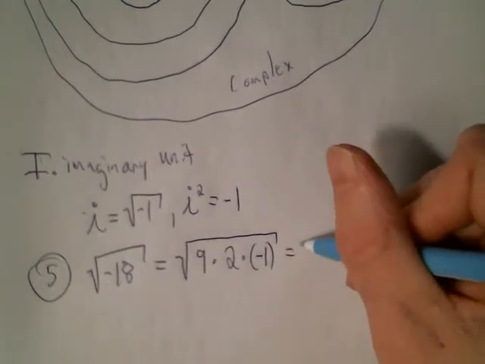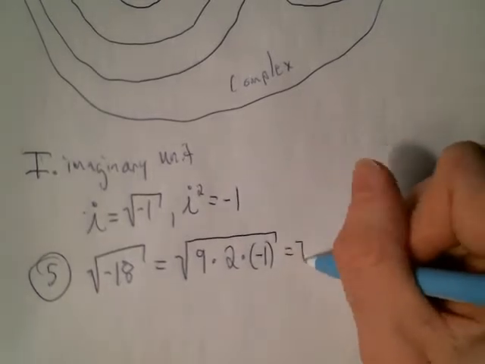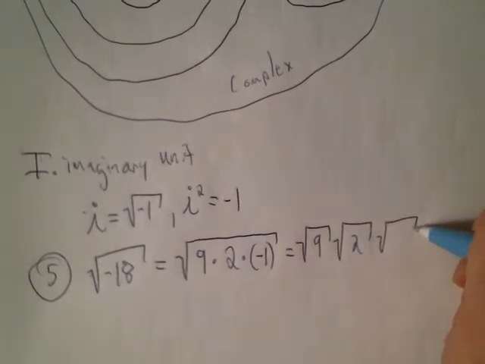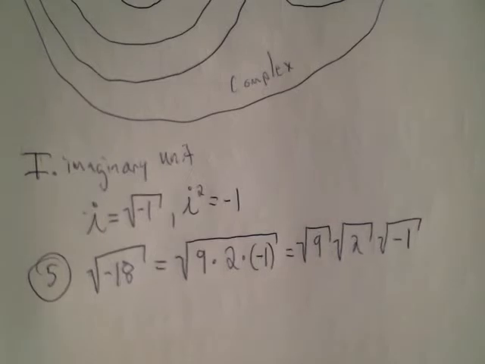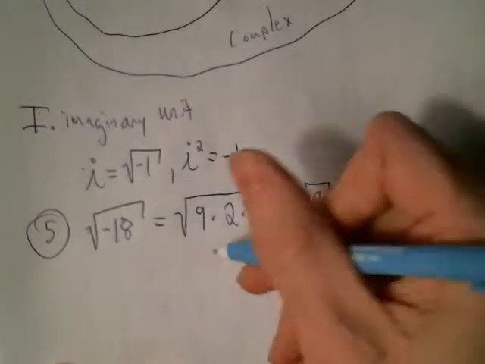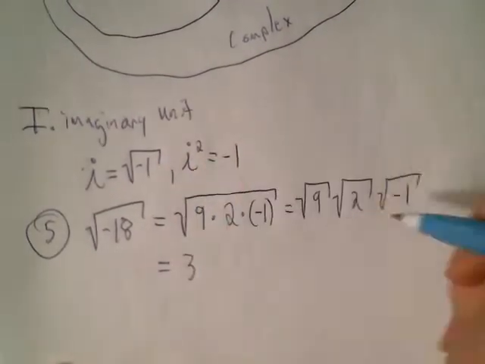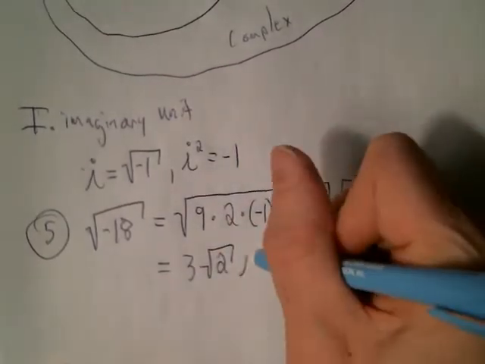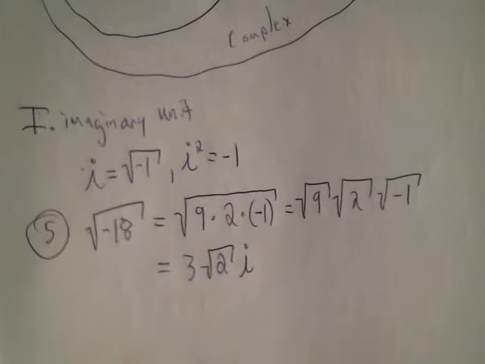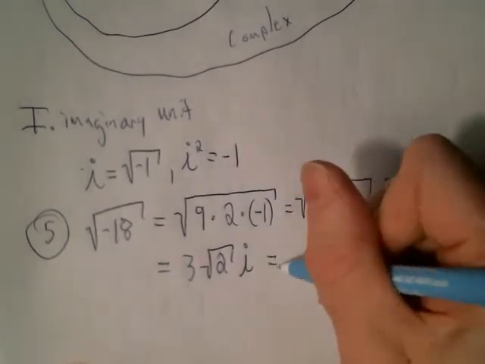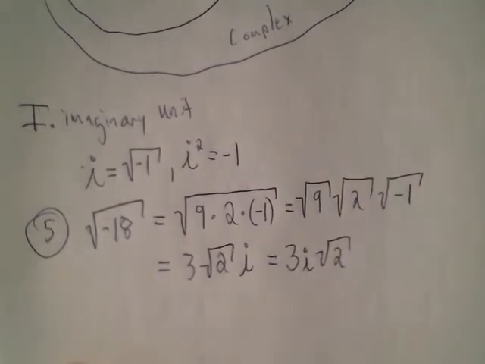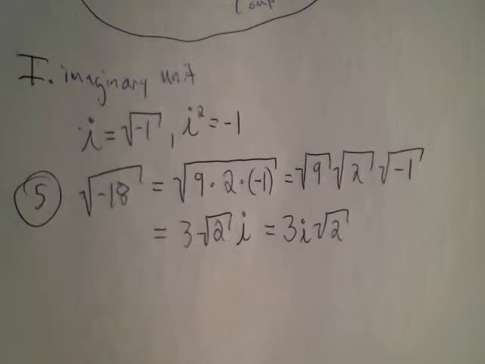So you'll have a square root of 9, which will be 3, times the square root of 2 times the square root of -1. Okay, and then simplify. Square root of 9 is 3. So we have the square root of 2, and then the square root of -1 you can write as i. So 3 square root of 2i, or I think maybe the book likes to write it 3i square root 2. So either way is fine with me.